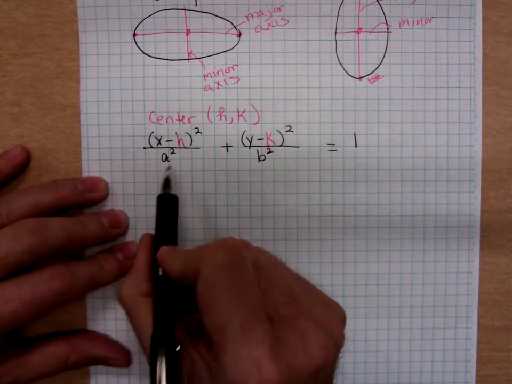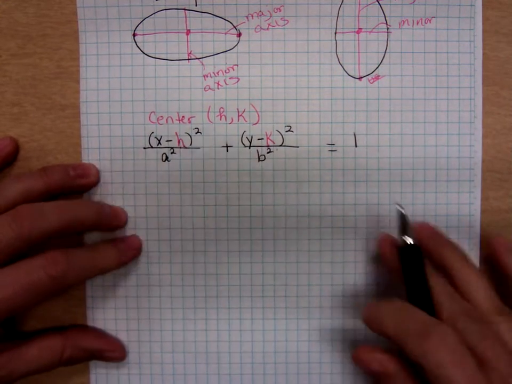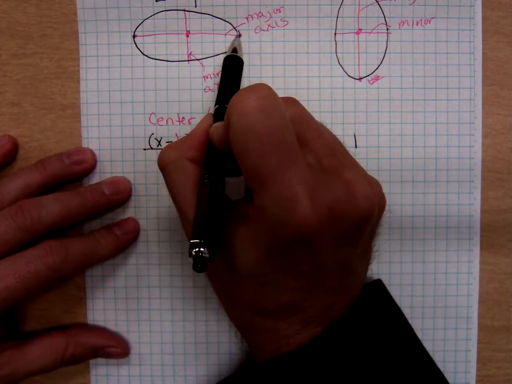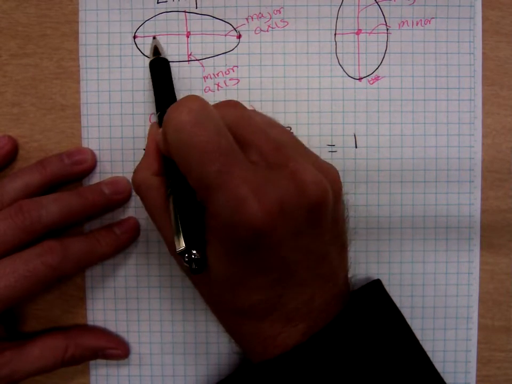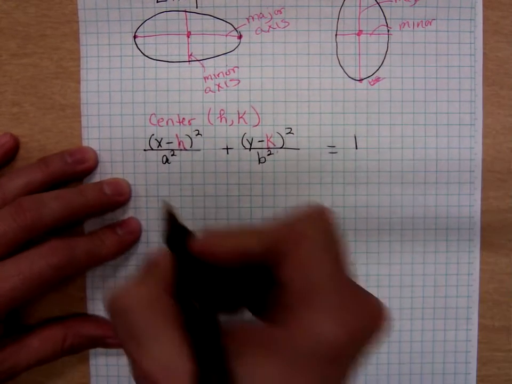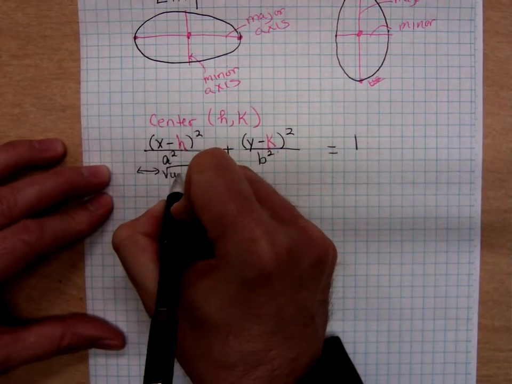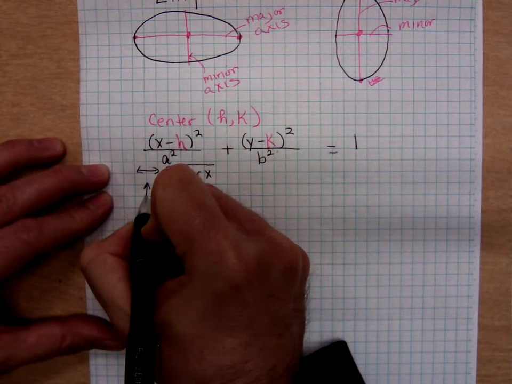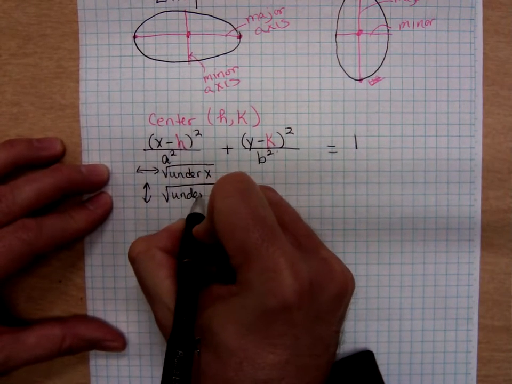So after we find the center for an ellipse, you're going to be moving left, right, and up, down. Unlike a circle, the left-right movement won't be the same as the up-down movement. You move left and right the square root of the number under x. Move up and down the square root of the number under y.